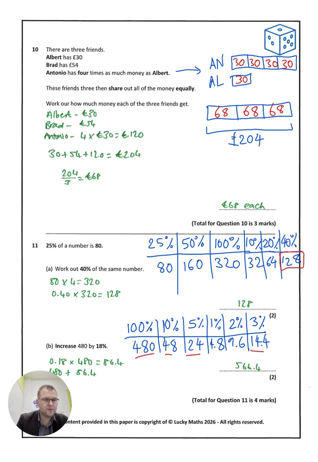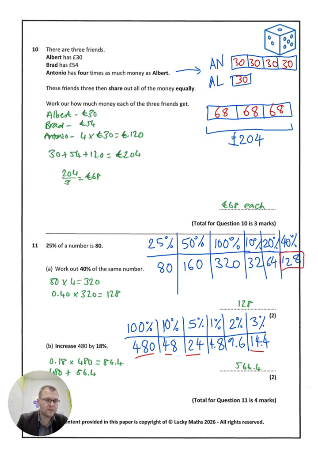But for questions where information such as, Antonio has 4 times as much money as Albert, just try to show a bar model there. If the one box represents £30 for Albert, then Antonio gets 4 lots of that basically. So that just clarifies that Antonio's getting £120.